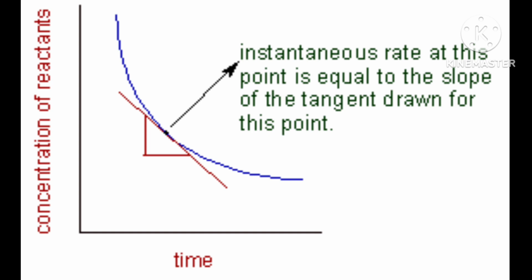Then always for change you can write final minus initial. Suppose in the beginning, as I told you, C1 was the initial concentration and the final concentration is C2 after time t. Then final minus initial, C2 minus C1, divided by time, or T2 minus T1.